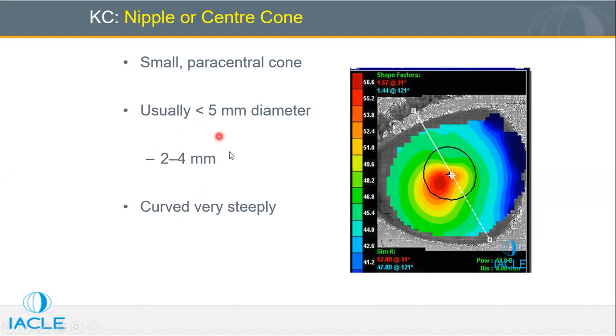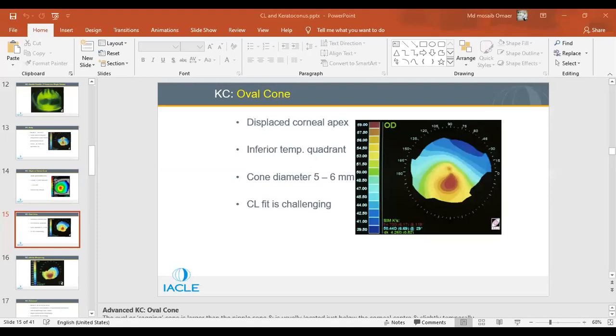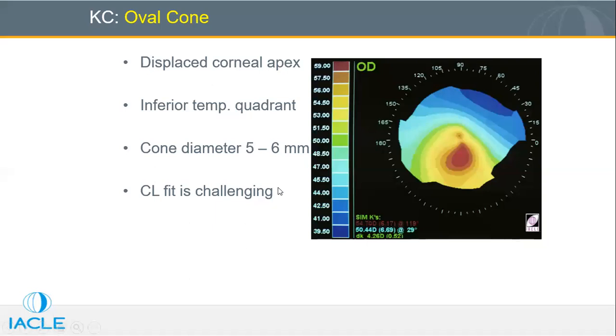Normally the cone diameter ranges between 2 to 4 mm, and they are very steeply curved in the center. The curve would be very steep. And the oval cone is the same, only the cone diameter is 5 to 6 mm. The only thing is that it will occupy a large area, and while fitting contact lenses in a cornea having an oval cone, you need to have large diameter lenses.